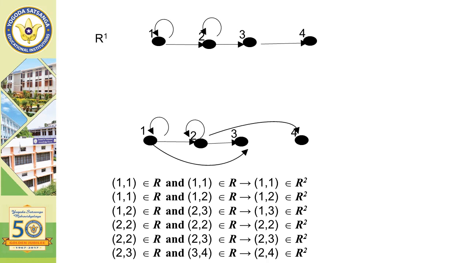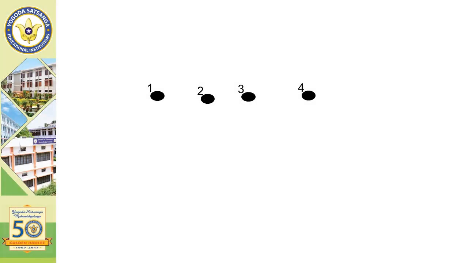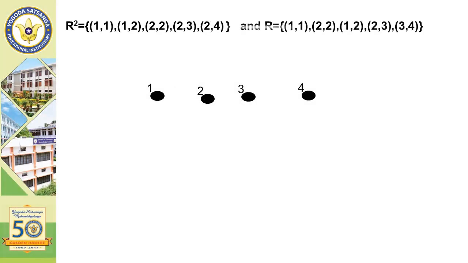This graph is R square. Therefore R square has the given relation entries. Similarly, we can find R cube.